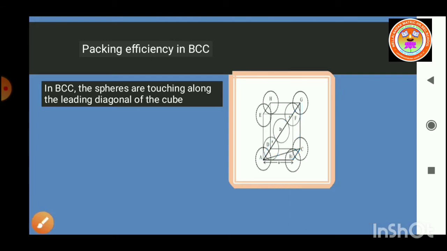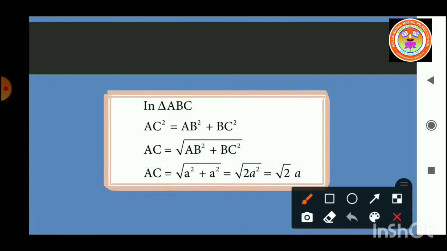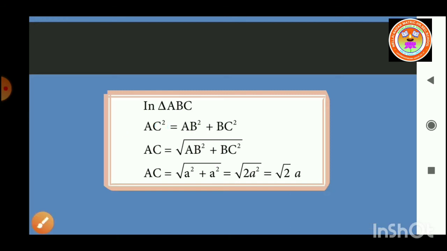The first one is the triangle ABC. AC squared is equal to AB squared plus BC squared, isn't it? That is Pythagoras theorem. So AC is equal to square root of AB squared plus BC squared. What is the value of AB?